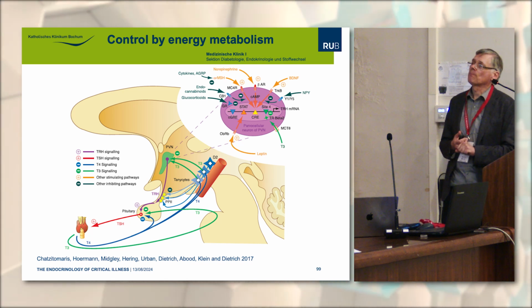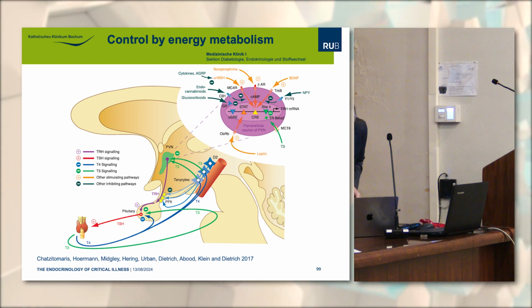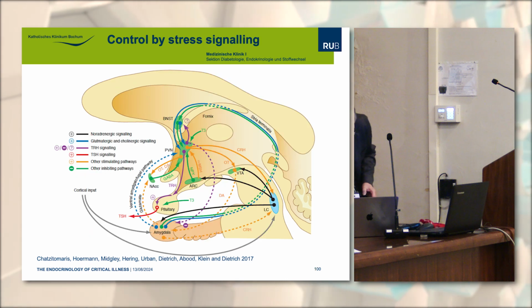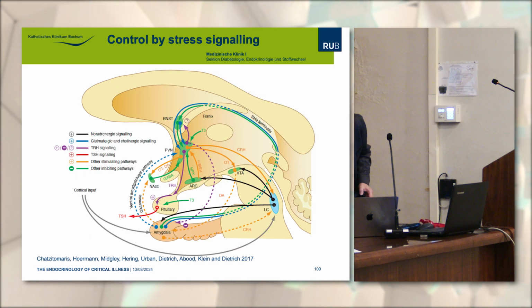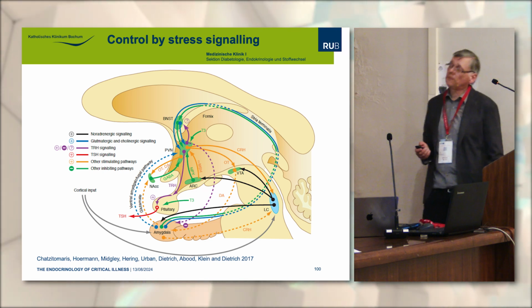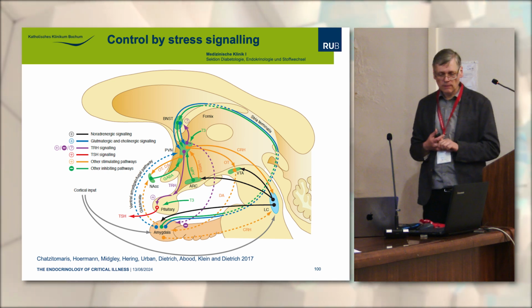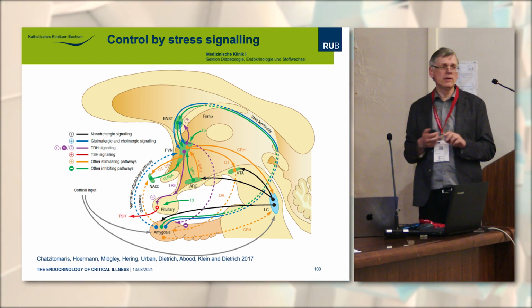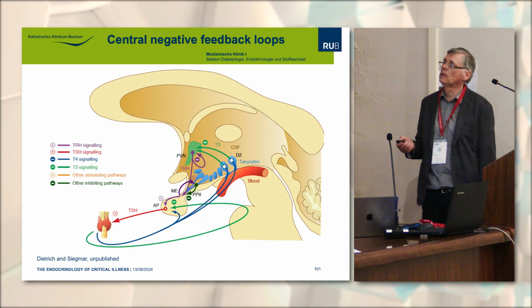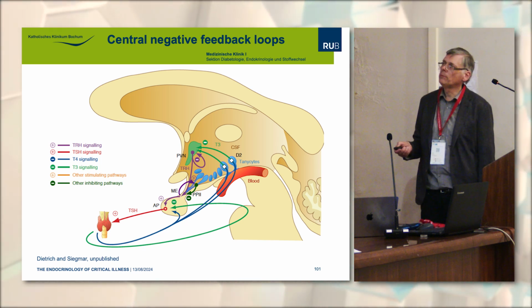Now the idea is that we have a combination of positive and negative feedback loops, which gives rise to the oscillatory behavior of the hypothalamus. And here we have negative feedback loops, TRH, these are the purple lines here, inhibits its own secretion, and it's also inhibited by thyroid hormones.